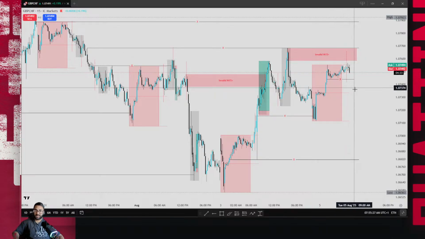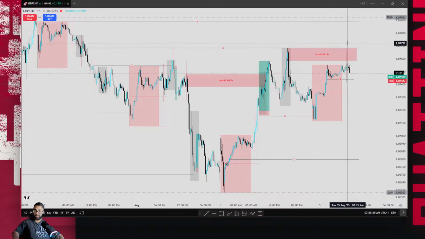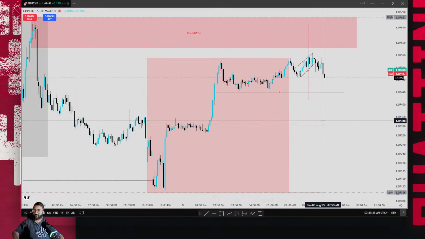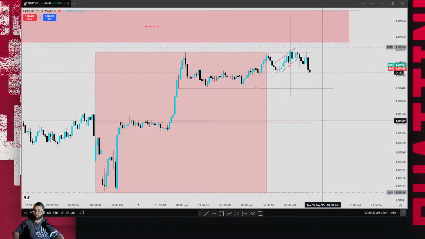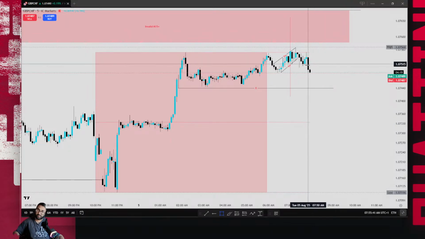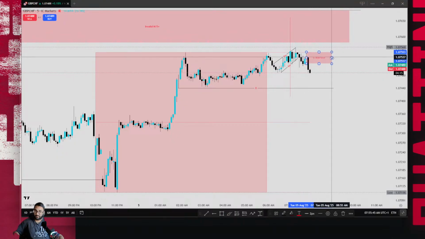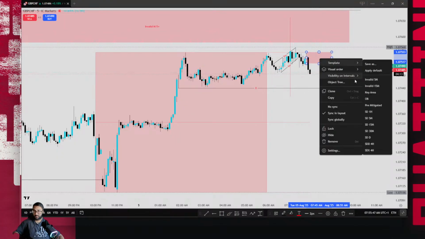I think price is going to tap in here. I think it's going to take that zone out. So let's stay on M5. That zone should definitely fail.